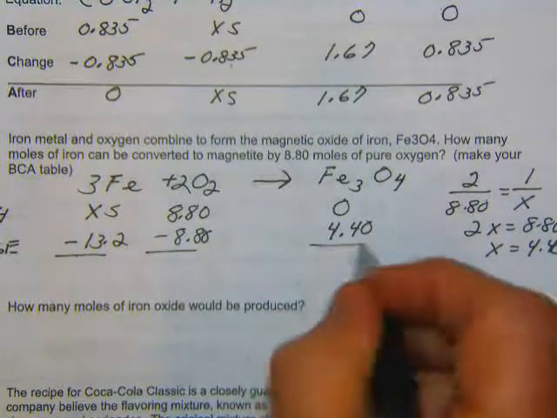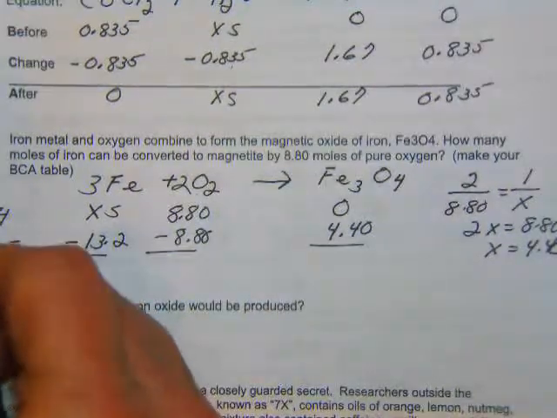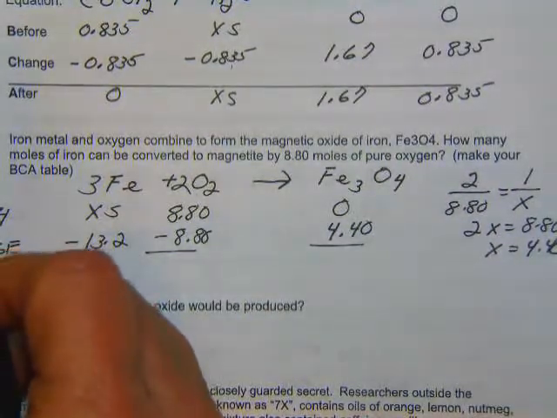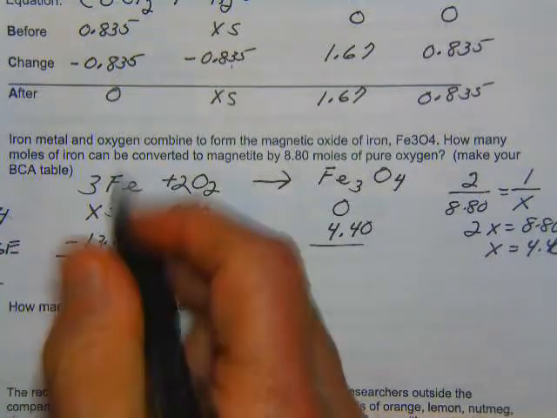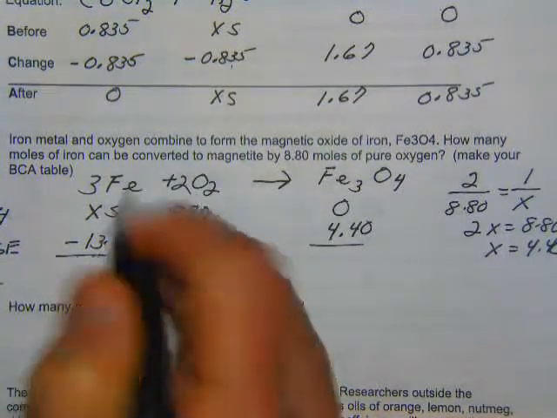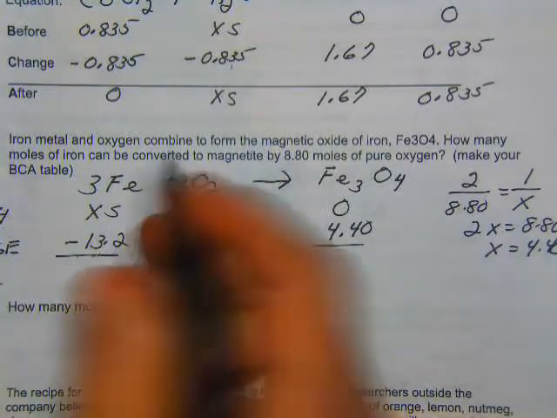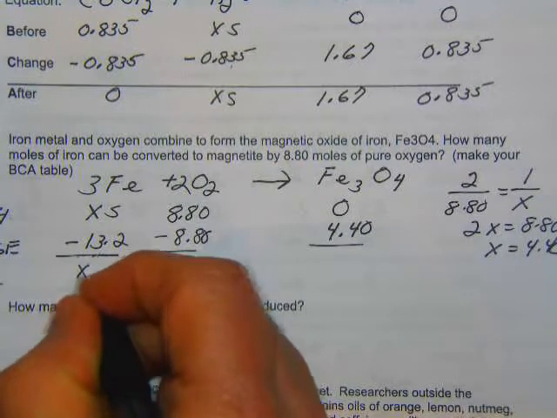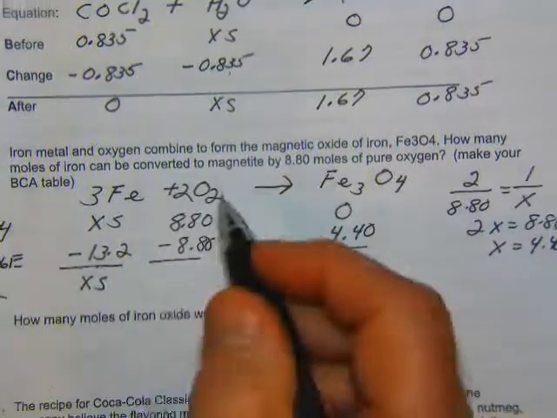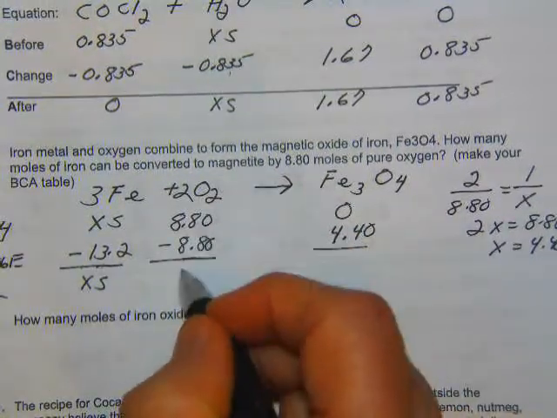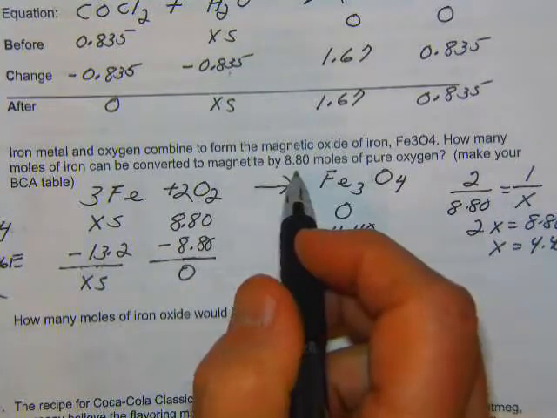So then we can do the after. We're going to use all the oxygen up. If we changed the iron by 13.2, that's how much we used. The iron is still going to be in excess, because that's how much we used. The oxygen is all gone, because this is what we were given.